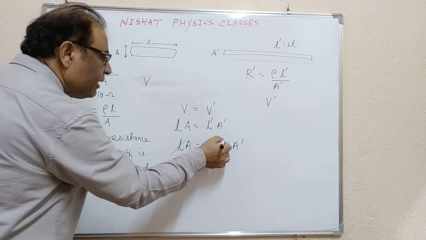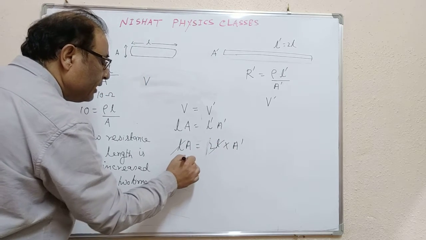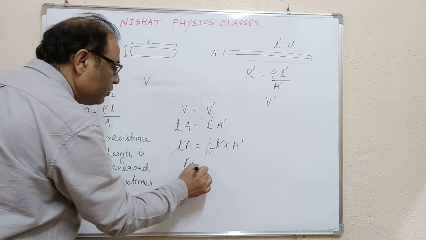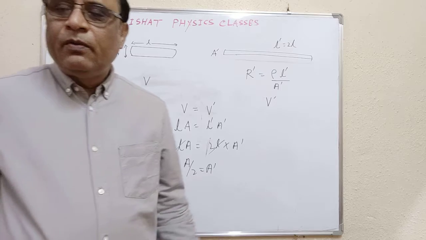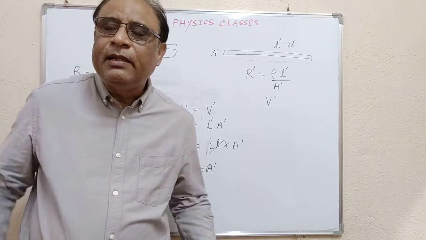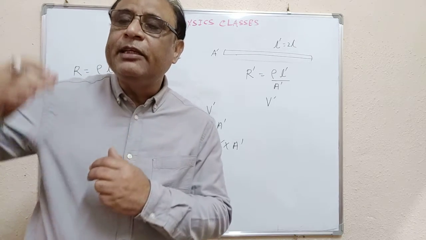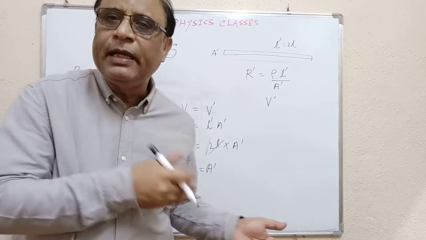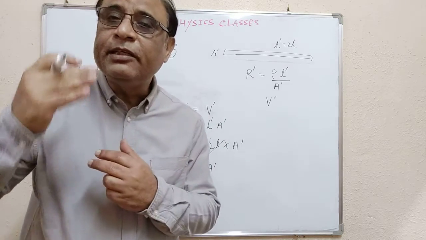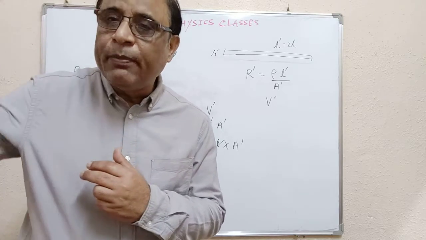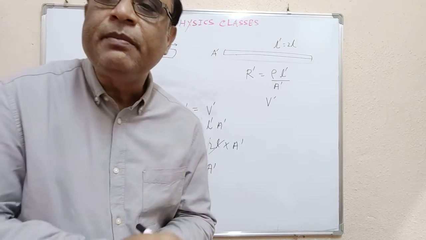L cancels L. A by 2 equals A dash. What did we learn here? When length increases by 2, the area decreases to A by 2. Length becomes double, that is 2L, and the area becomes A by 2.